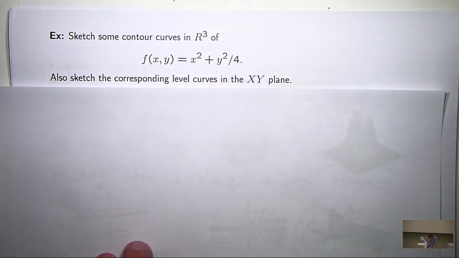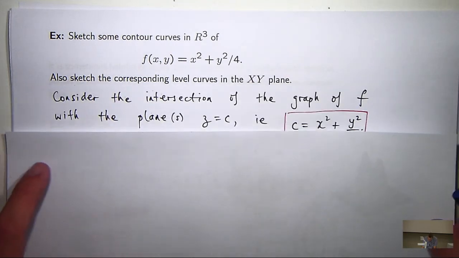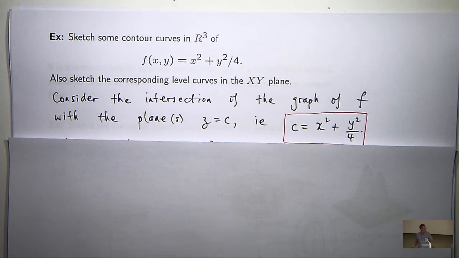So we are going to consider the intersection of the surface with the plane z equals c, where c is a constant. We're just going to pick and choose c to suit our needs. I'm going to consider z equals f and let z equals c, where c is a constant.